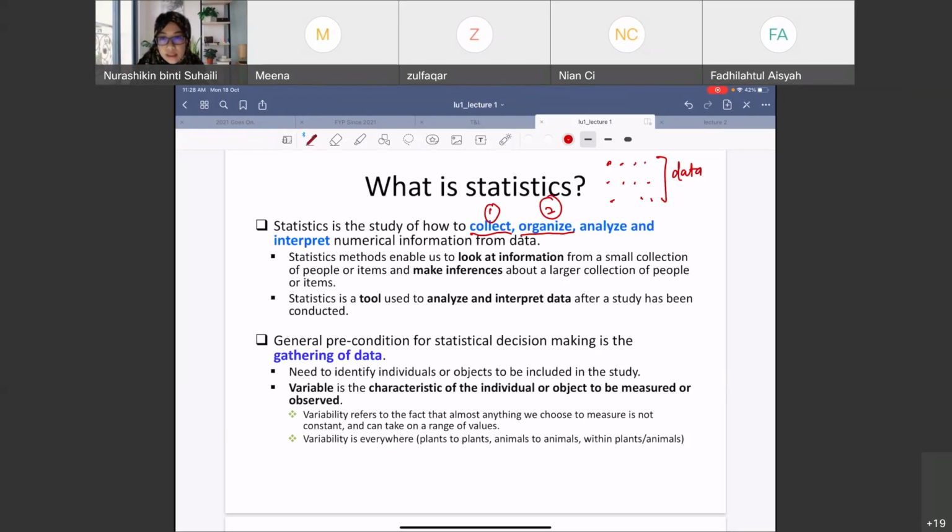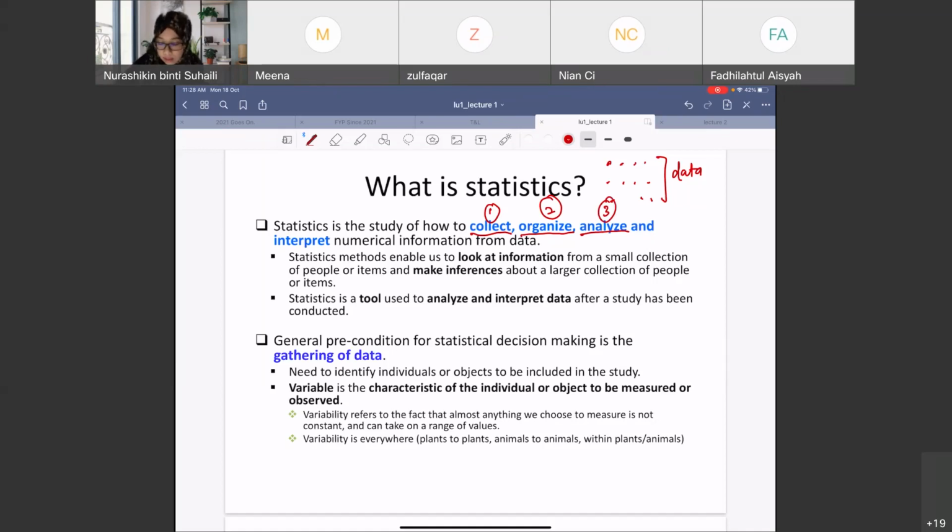And then after organization, we're not into interpretation yet. We have to analyze the data. There are so many analyses in statistics that you have to know. It depends on the data type as well.